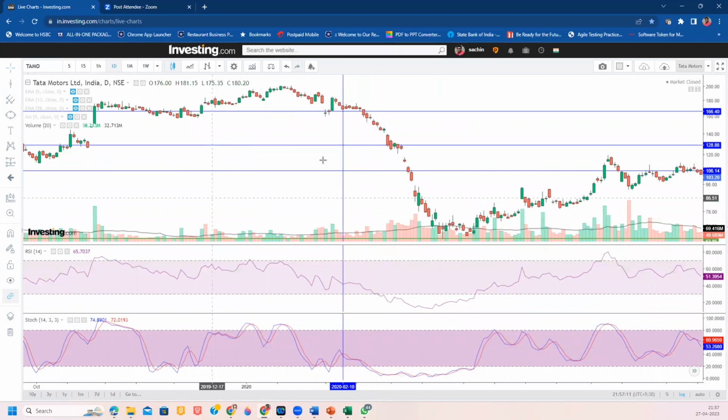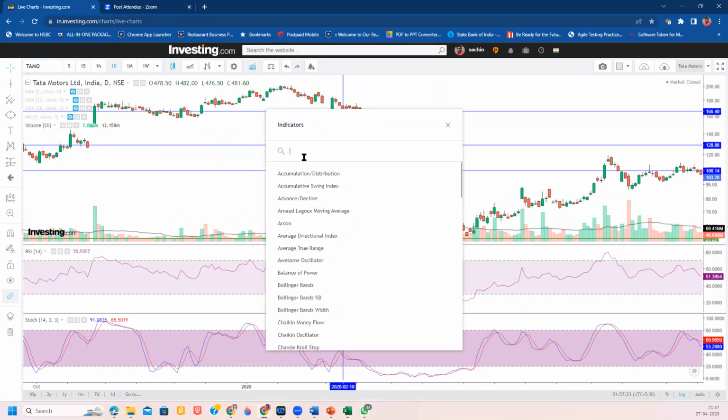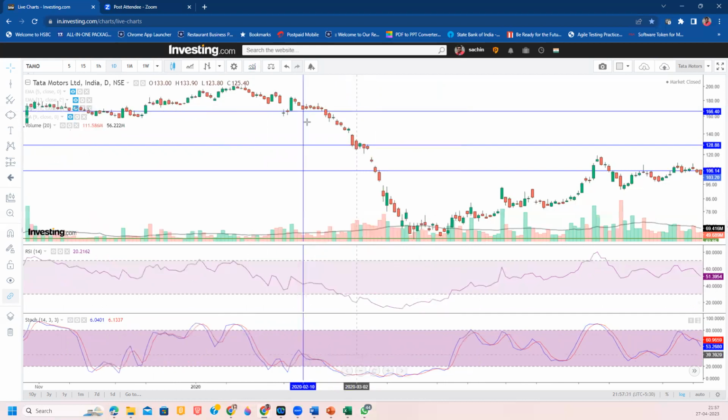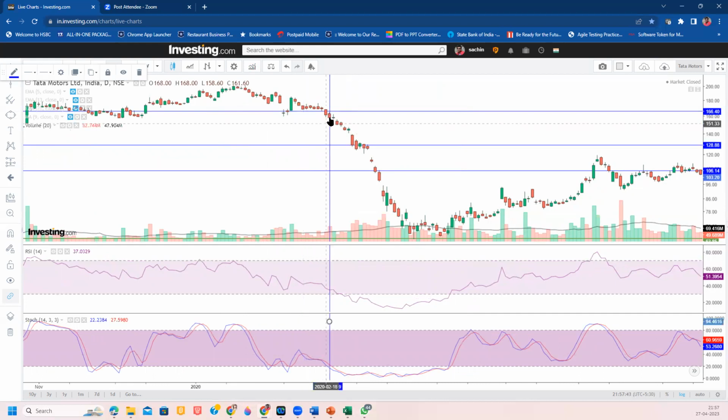Either we can check the volume on that particular candle, or sometimes the most significant candle is also treated as the one where the negative crossover is happening, where this started. In this example, this is the 19th February 2020 candle that we are looking at.